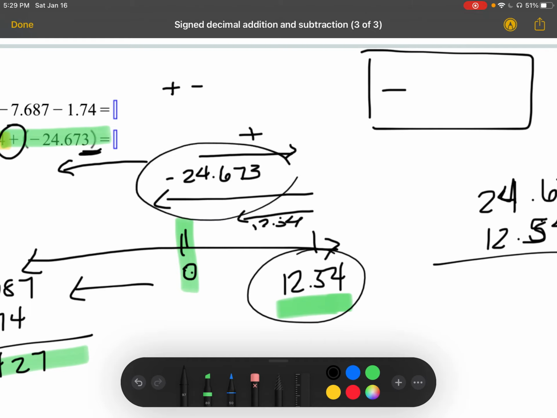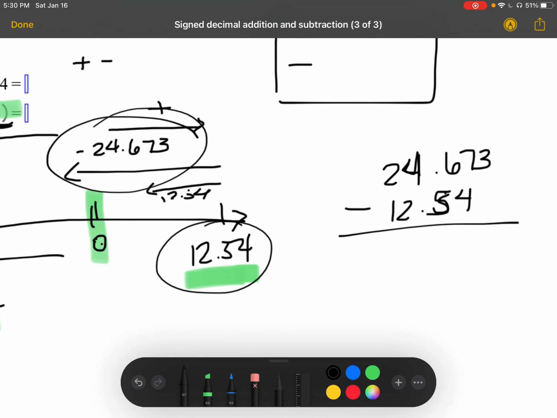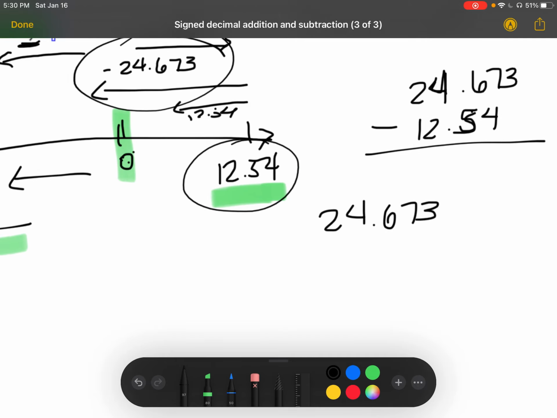So what is left in that trip to the 24.673? How much left do we have to go? So when you think of it in that way, you know you need to subtract what is left. So if I have to travel 24.673 miles and I got to 0, say, okay, well, I already went 12.54. How much is left? That's what I want you guys to think about.